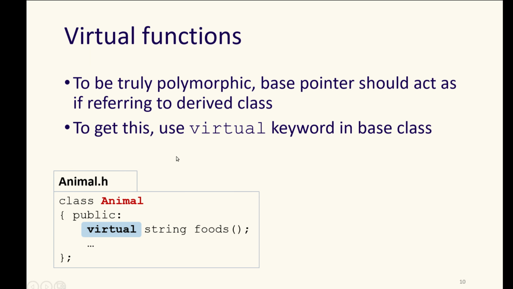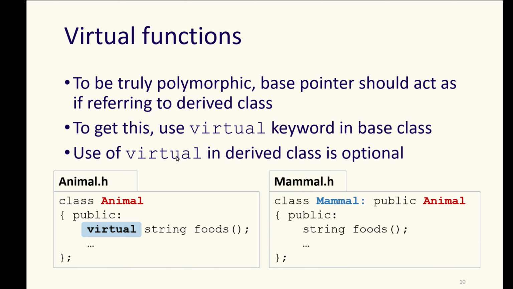And so we call it virtual, and then in the mammal class, we override that foods function, and that will allow us to use it for animal variables that currently store a mammal. We do not have to say virtual in the mammal class because we're not saying we will possibly override this one; we're saying we are overriding the one from the animal class.